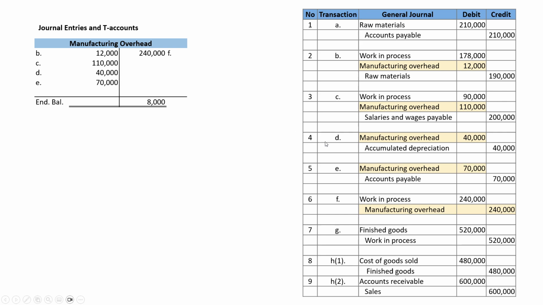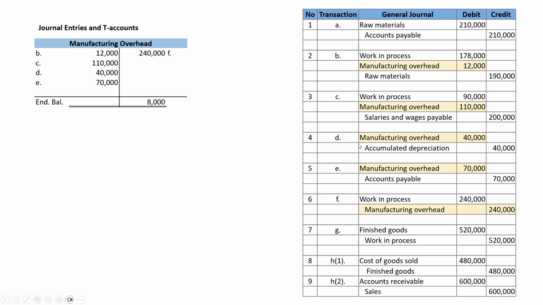So if you go back to D, that had to do with depreciation related to our factory. You probably were familiar from financial accounting where, when you recorded depreciation, you debited depreciation expense and credited the contra account accumulated depreciation. Hopefully that sounds familiar.